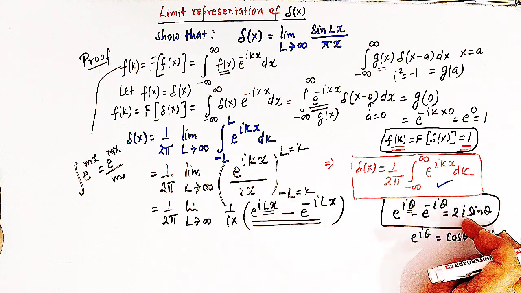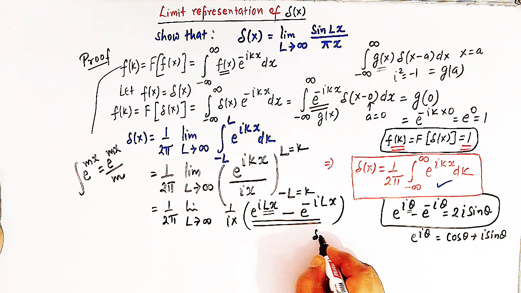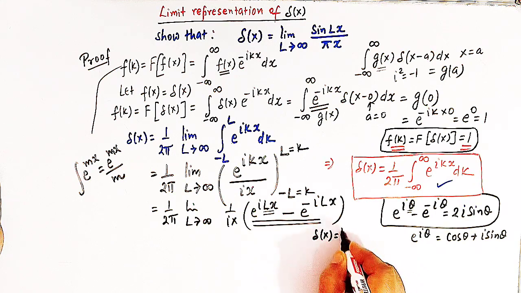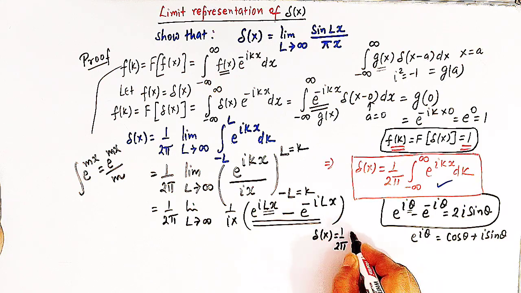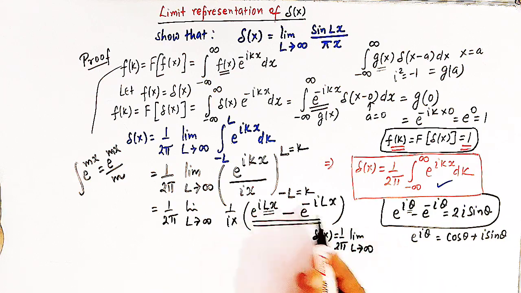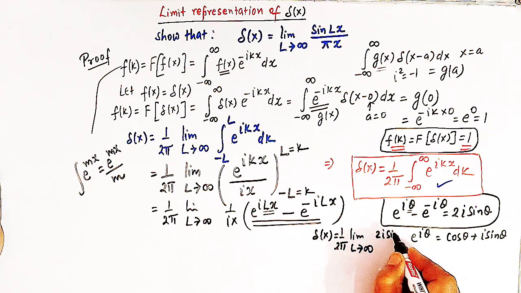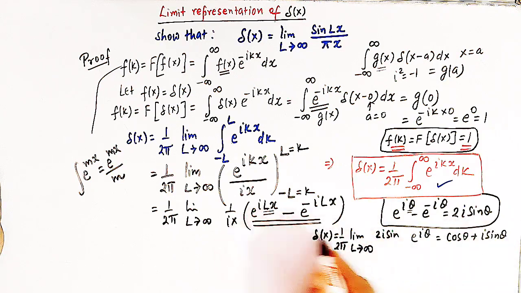So using this result, we can now write the delta function as delta of x is equal to 1 over 2 pi limit L tends to infinity, and here we have 2i sine. For theta, we write Lx, right?